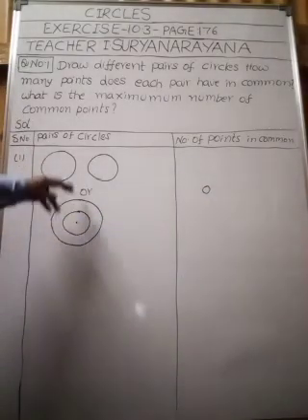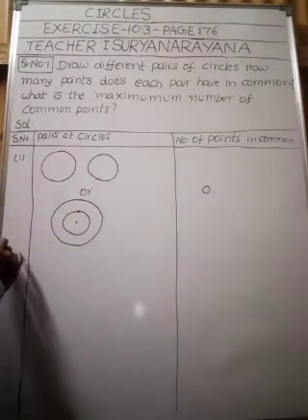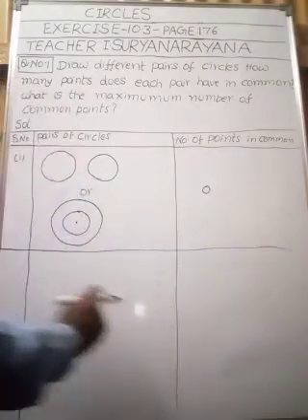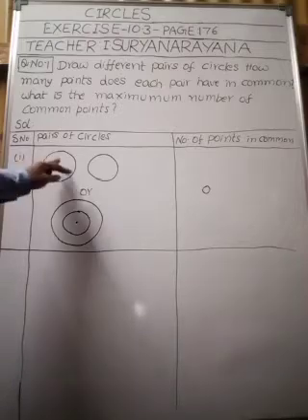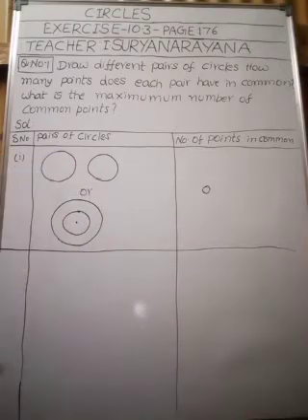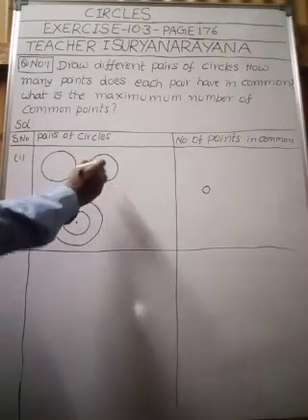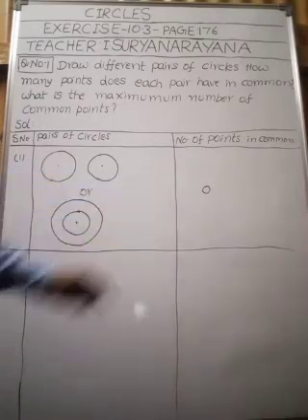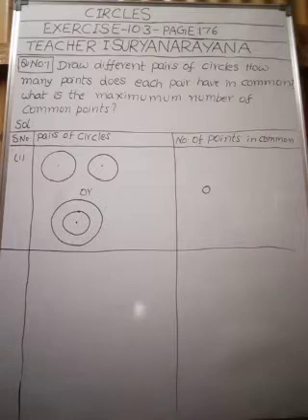Are there any points in common, my children? No points in common. Understood this point, my children? If a circle is completely outside the other circle, or completely inside the other circle, in that case no points are in common. Okay, my children?